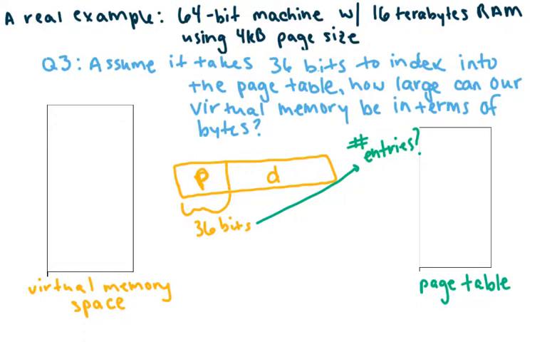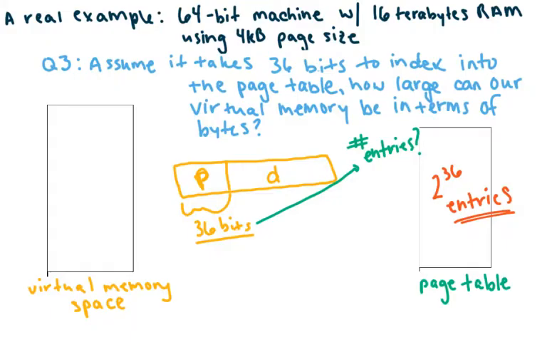If we have 36 bits to address into this page table, then that means that we can have 2 to the 36 entries. Okay, so this is entries though. This is not in bytes, so we can have 2 to the 36 entries.